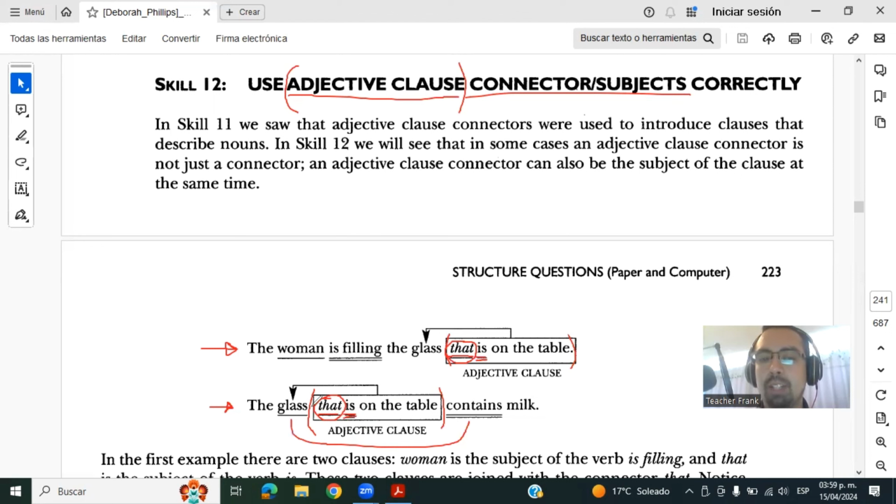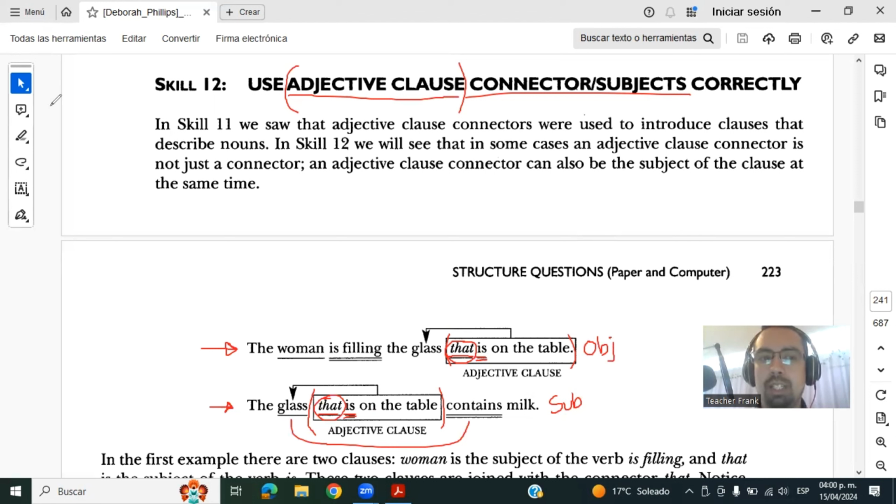Okay, so this is an example of the adjective clause working for the subject, the first one. So this one is for subject. And the first example, obviously, is an example of the adjective clause working for the object, right? The glass is after the verb is filling, so that's going to be describing the object, the glass, right?